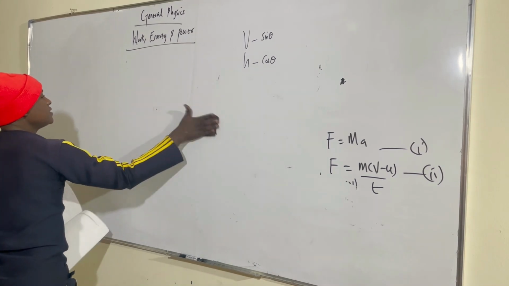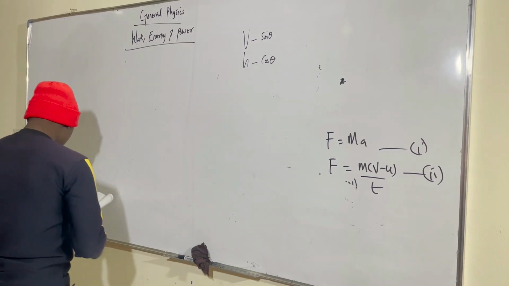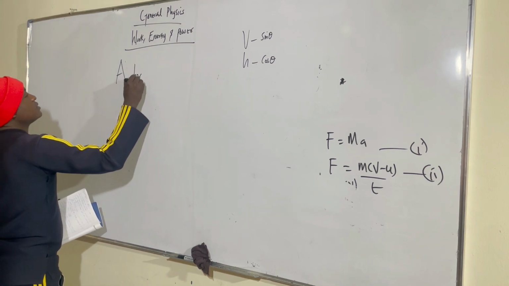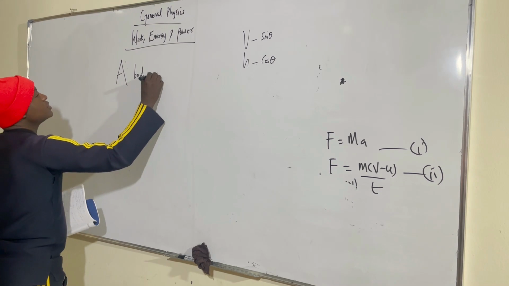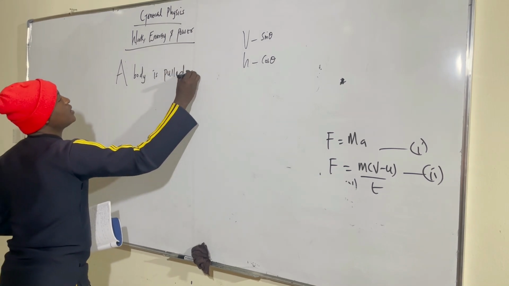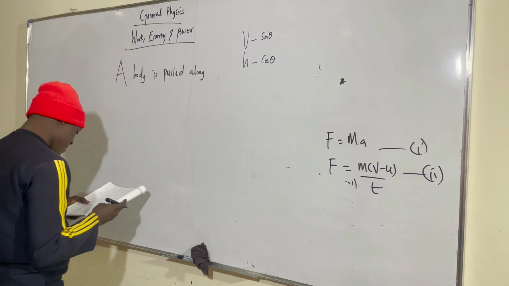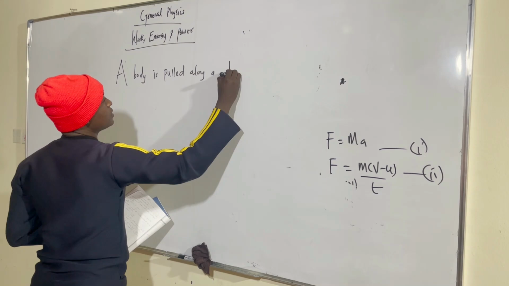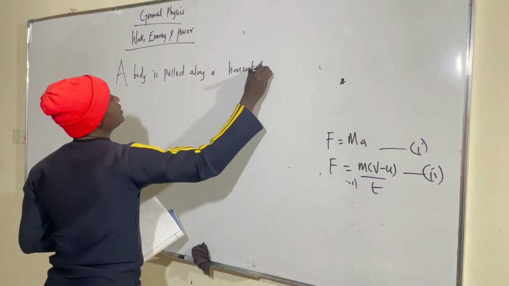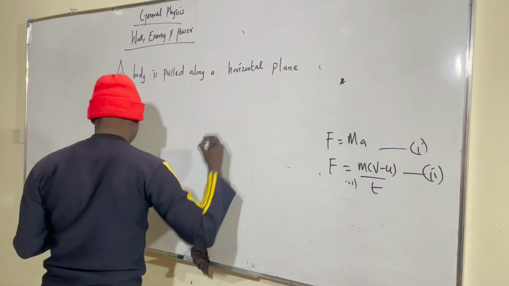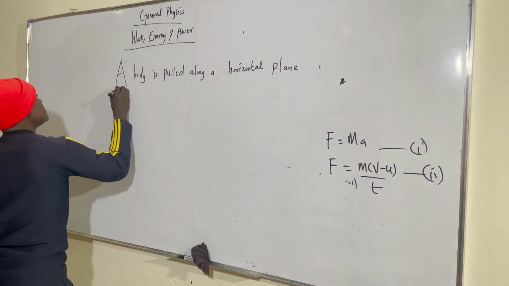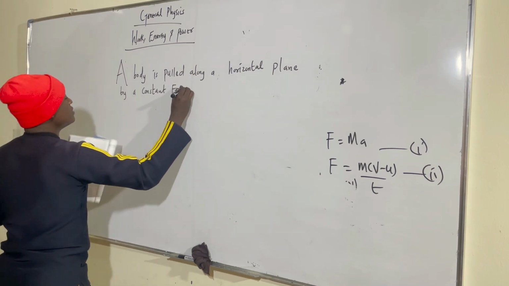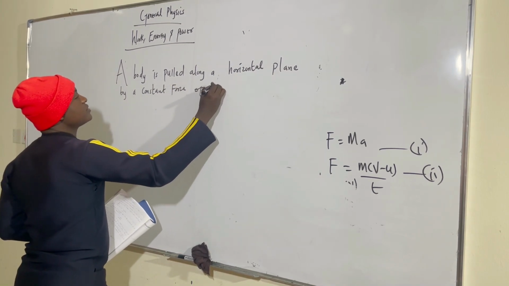So here they said a body is pulled along a horizontal plane by a constant force of 10 Newton.